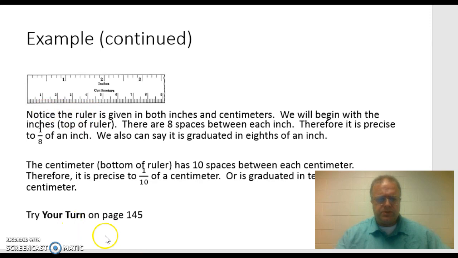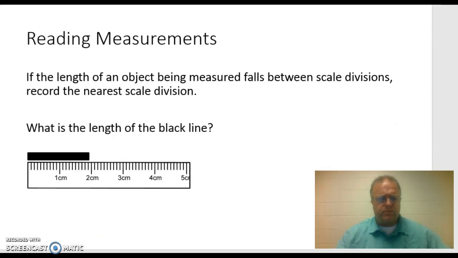Why don't you try your turn on page 145, and just make sure that you understand reading precision and accuracy on rulers. Now, let's try an example here. Let's say we want to measure the length of this black line here, and we're measuring in centimeters. Notice that this ruler is accurate to within 1/10 of 1 centimeter, or 0.1 centimeters.